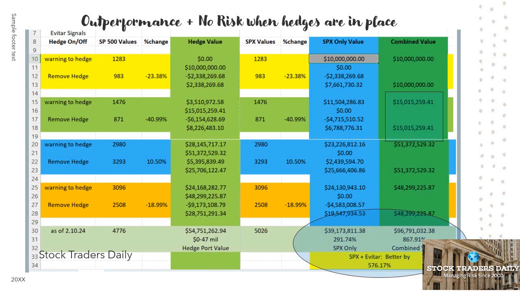Notice that the portfolio that has the hedge has no change in value. That's because the model completely removes all risk from a portfolio when there is a market crash risk warning on.